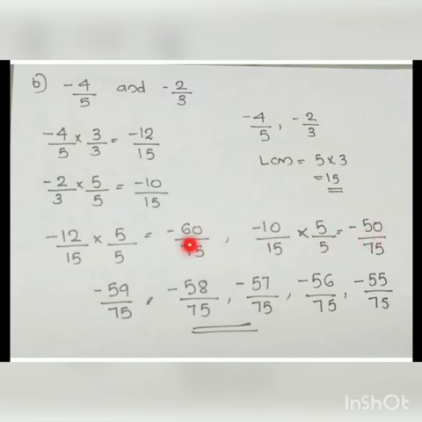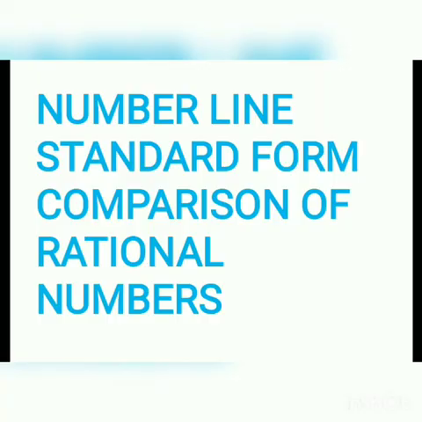They are asking only for 5. So negative 59 by 75, negative 58 by 75, negative 57 by 75, negative 56 by 75 and negative 55 by 75. When you are not getting enough rational numbers, you can follow this method: multiply the fractions again by 5, and you will get enough rational numbers.